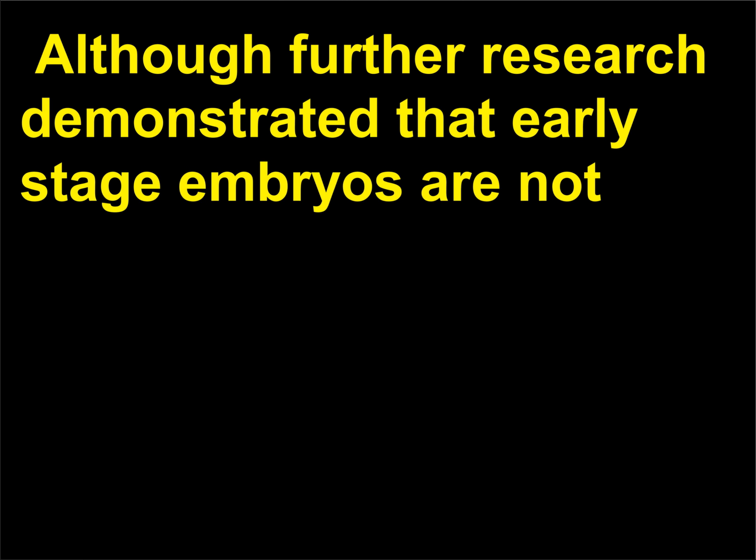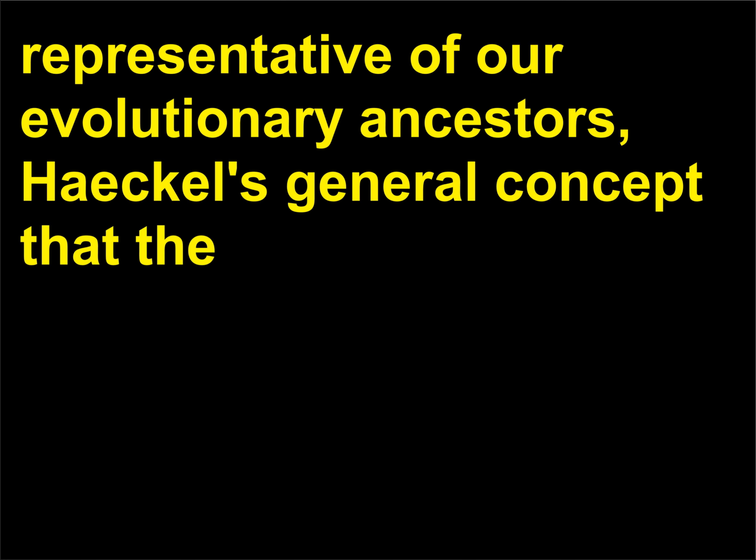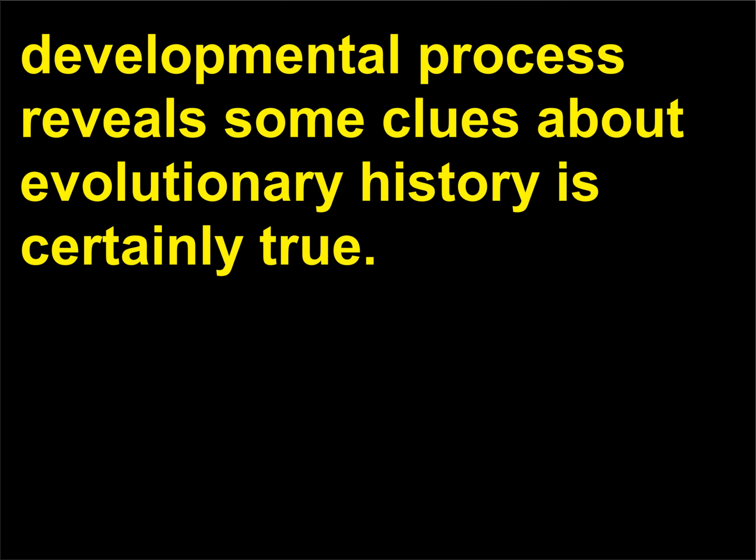Although further research demonstrated that early stage embryos are not representative of our evolutionary ancestors, Haeckel's general concept that the developmental process reveals some clues about evolutionary history is certainly true.